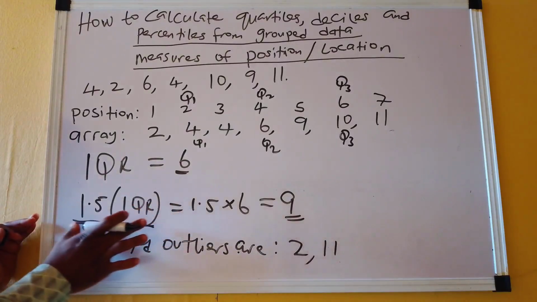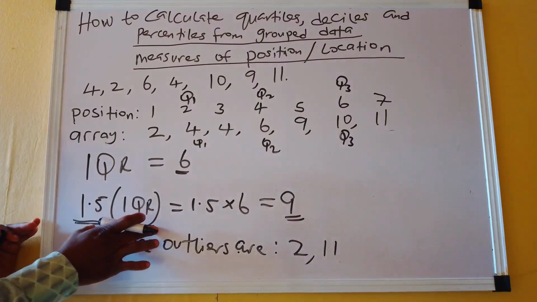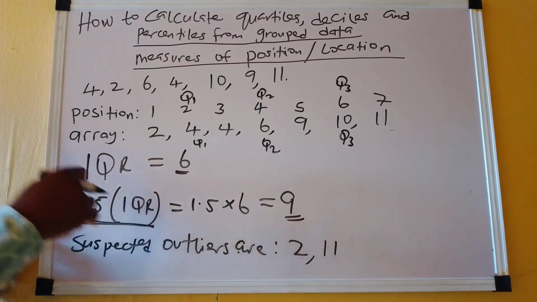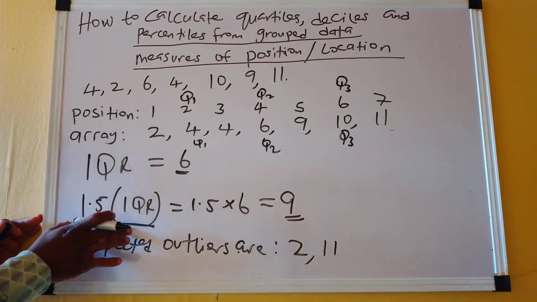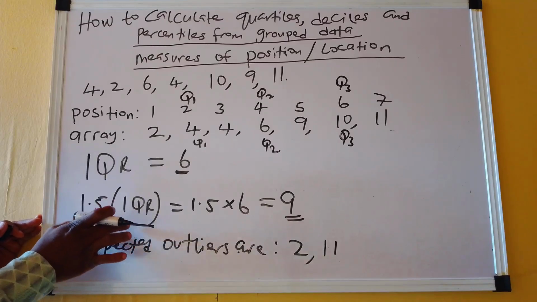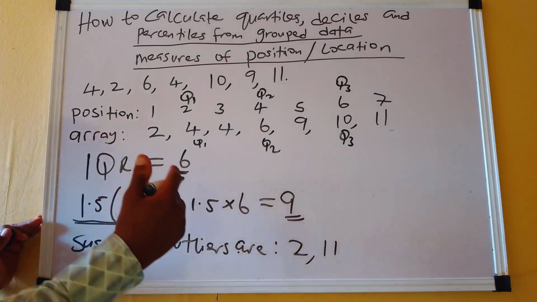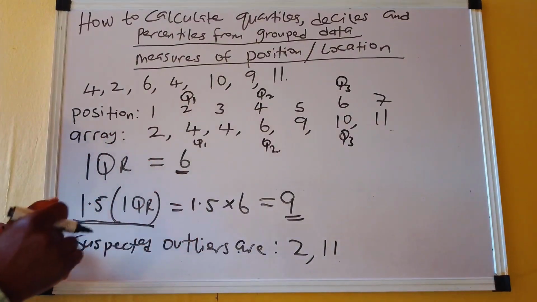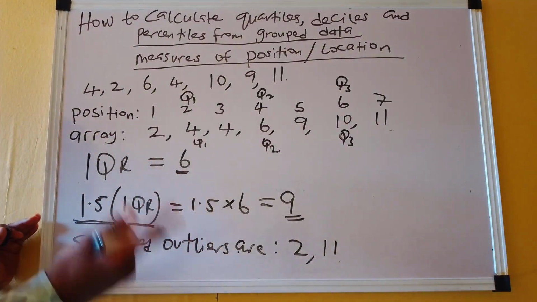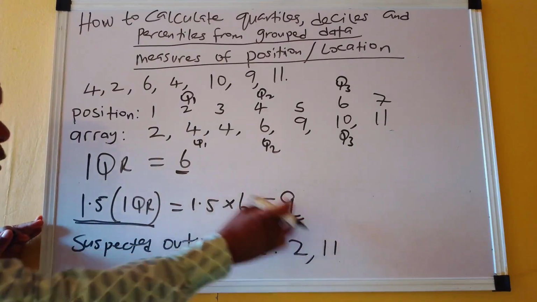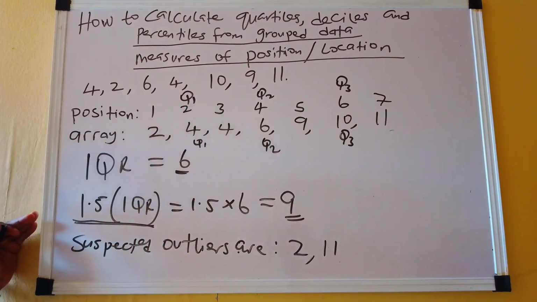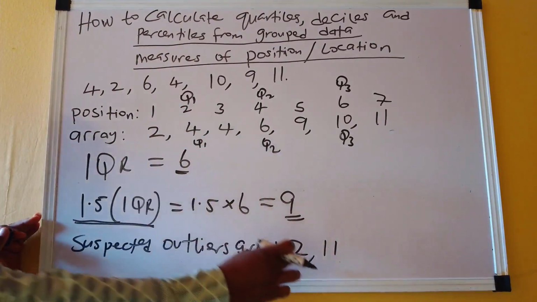So by this calculation, this is one way of investigating outliers. Though further studies and investigations can still be done, this is the primary formula used to determine suspected outliers. So 1.5 multiplied by the interquartile range, you get that value. If any value below the Q1 is lesser than it, it's a suspected outlier.